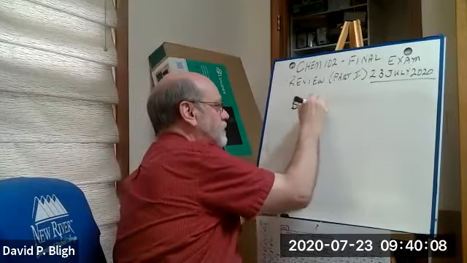Now we're gonna actually do some calculations with equilibrium. So we have a weak acid, and initially we say it's 0.1.